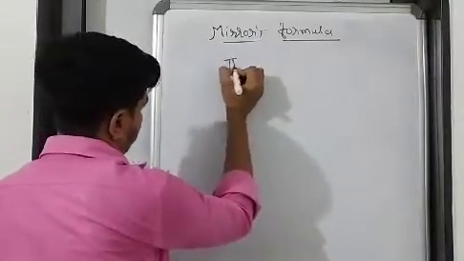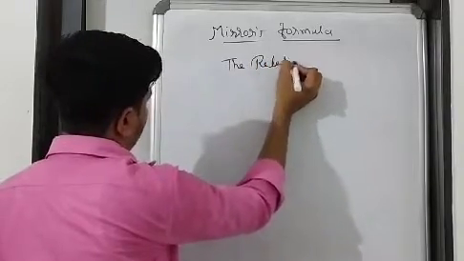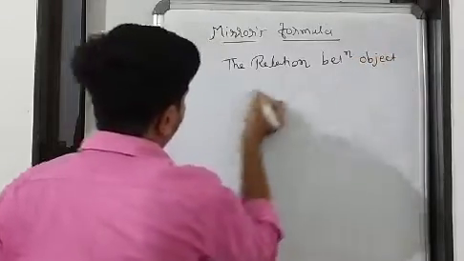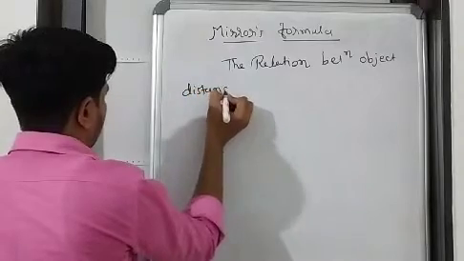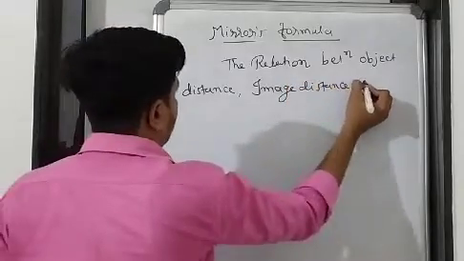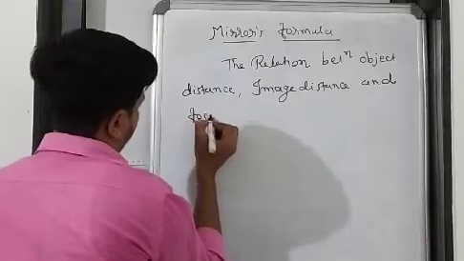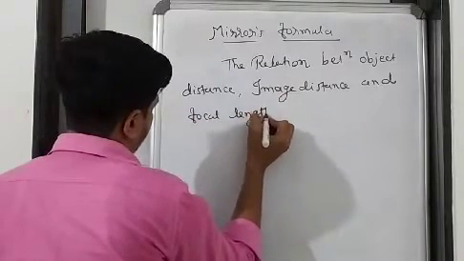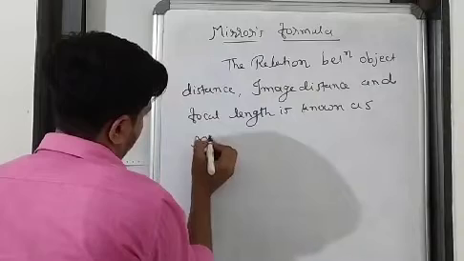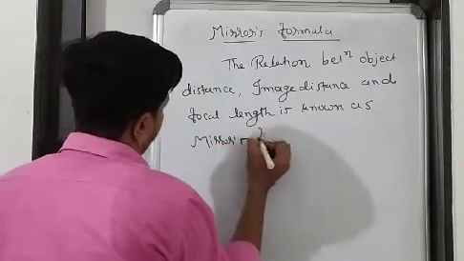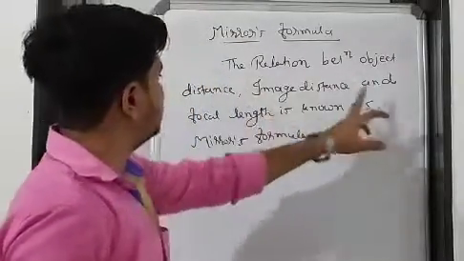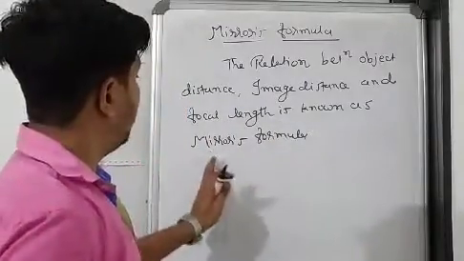The relation between object distance, image distance and focal length is known as the mirror formula.